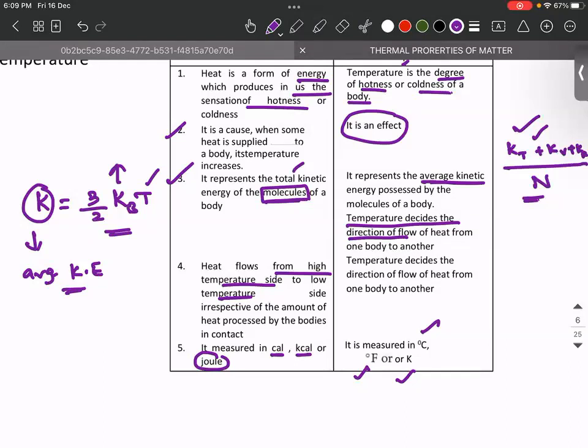But if I'm able to calculate the average kinetic energy of all the molecules that are present, that gives us information about the temperature of the system. If I add all the kinetic energy, that gives me information about the heat possessed by the system. That is what the difference is. Understood? Yes, sir.